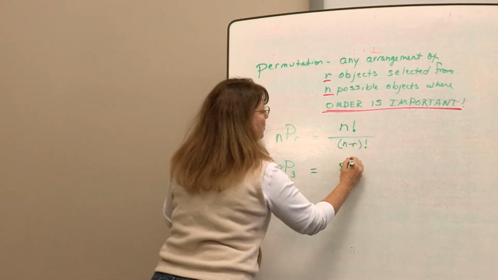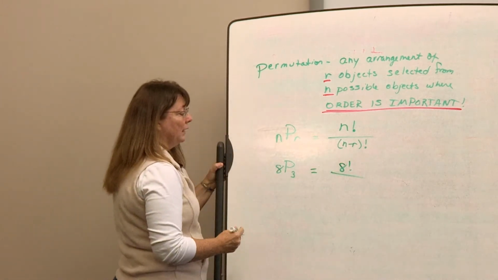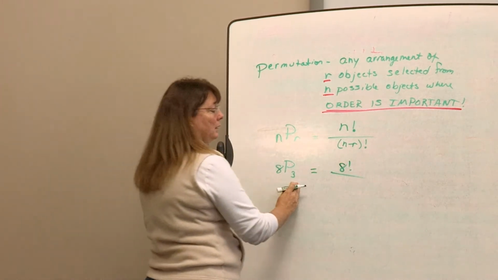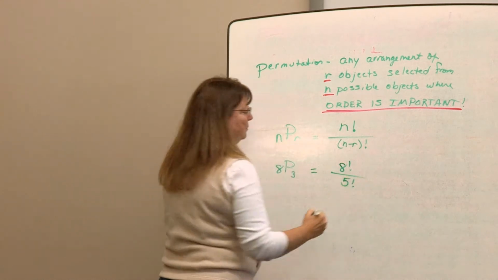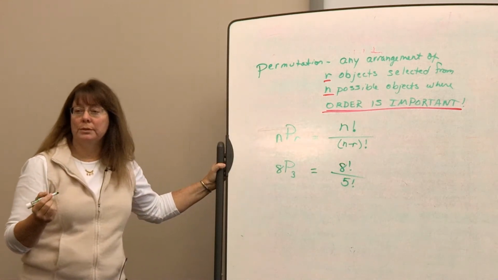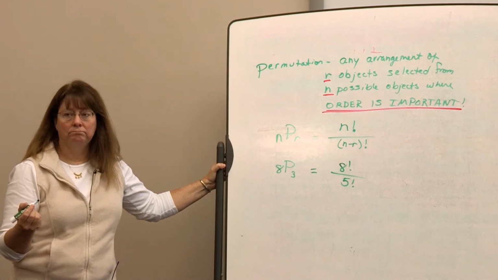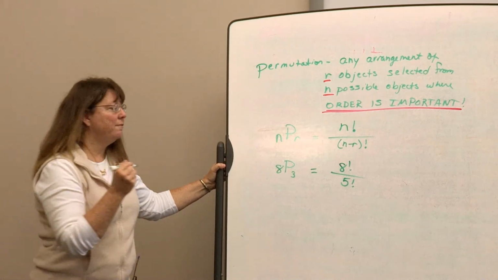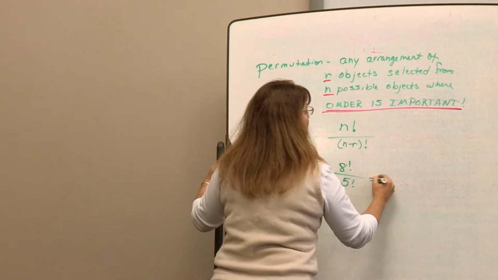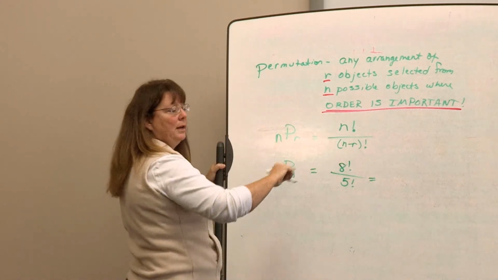So we have 8 factorial on the top, and then we have 8 minus 3, or 5 factorial, on the bottom. Now, do you know what a factorial does, what it looks like? With a factorial, all you're doing is multiplying that number by itself all the way down to 1.